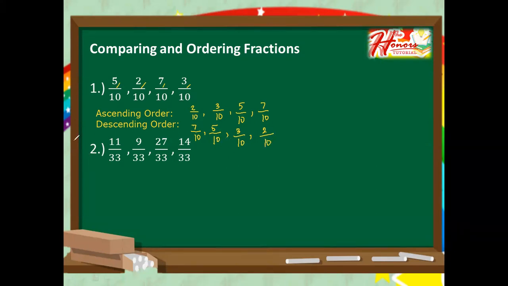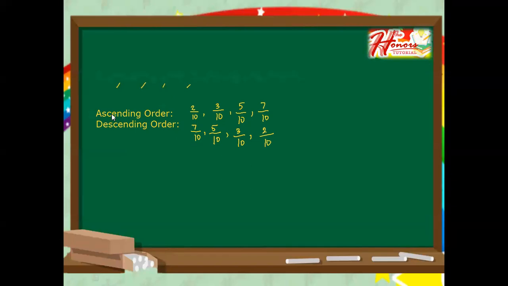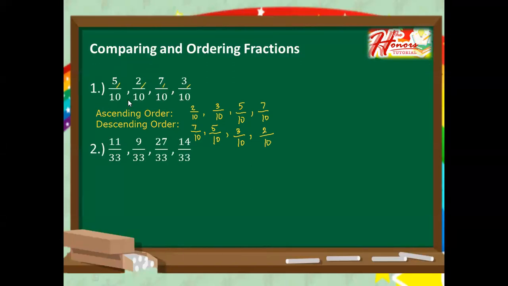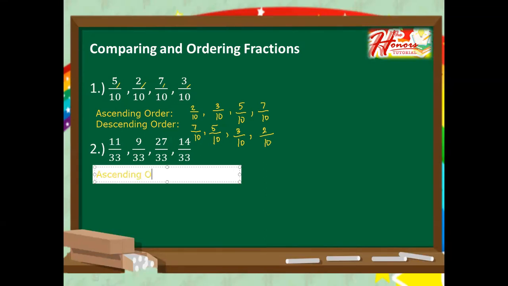Next, let us have the ascending order and descending order for number 2. Again, ascending order means from least to greatest. And as you can see for number 2, we still have similar fractions because the denominators are the same.